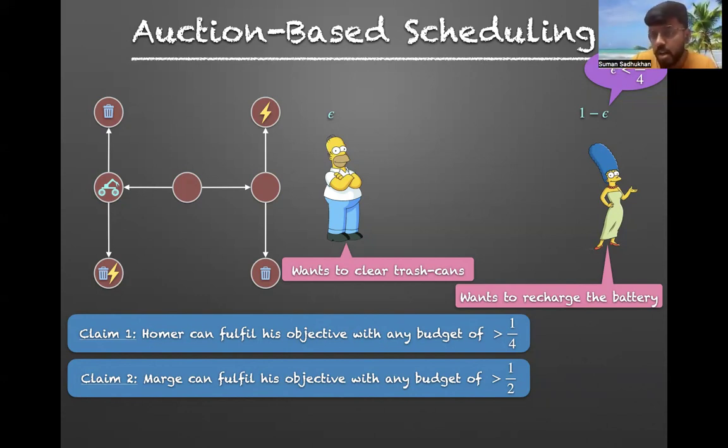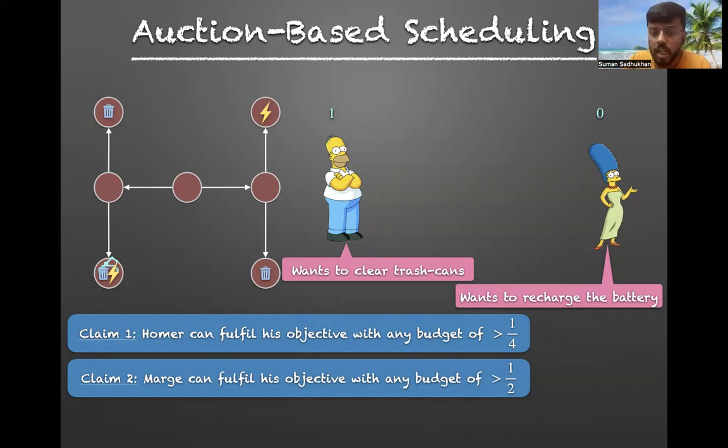So in fact, the condition on epsilon makes 1 minus epsilon greater than epsilon, and so Marge wins the bid and moves, and in fact can move the robot to her target vertex.